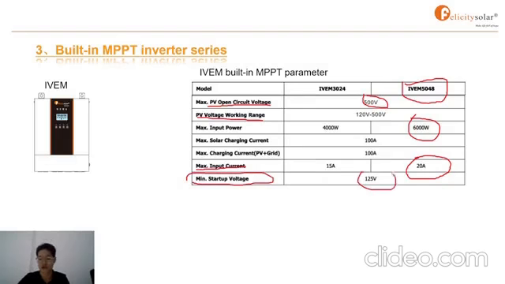It's 125 voltage. This voltage is high. So for example, in the morning, on a rainy day or in the early morning, maybe the machine will not start work because the voltage is lower than 125. So when you face this condition, don't worry, it is normal.